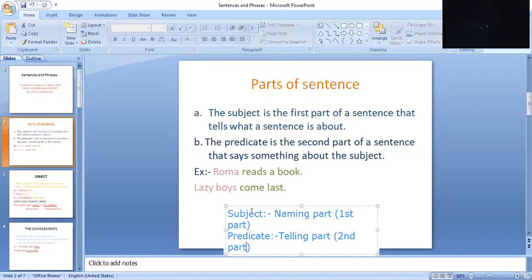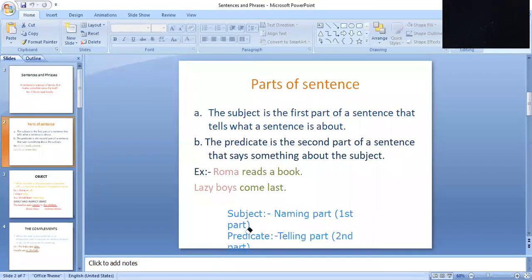The subject tells what a sentence is about. What is the predicate? The predicate is the second part of the sentence that says something about the subject. The predicate is telling something about the subject.